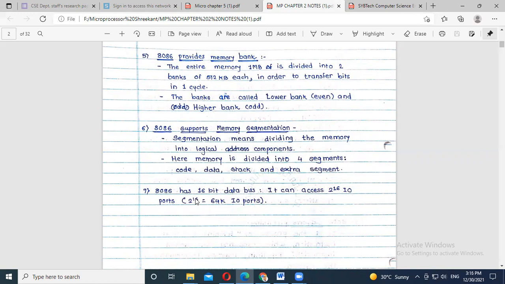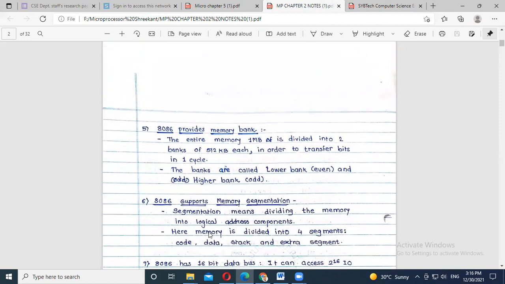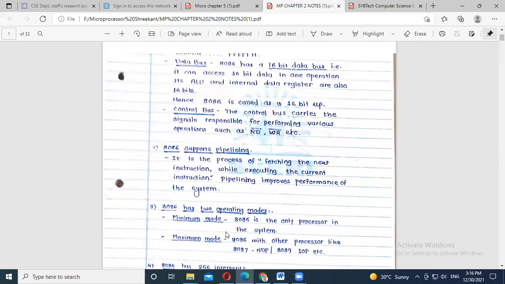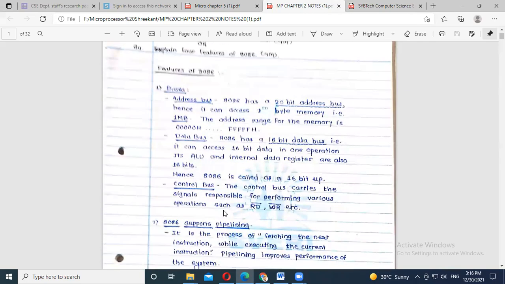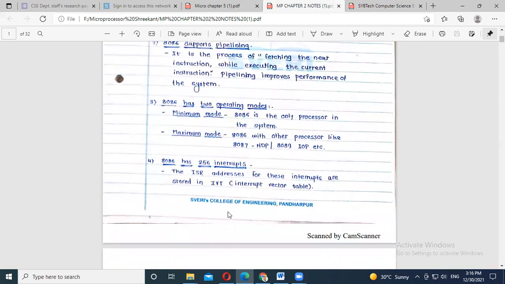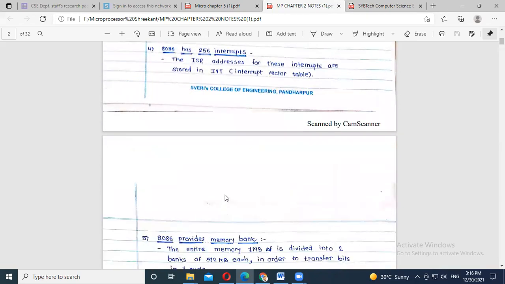That is, 2 raised to 16 becomes 64K, 64,000 input and output ports. So these main 7 features are very important for the features of 8086. Okay.